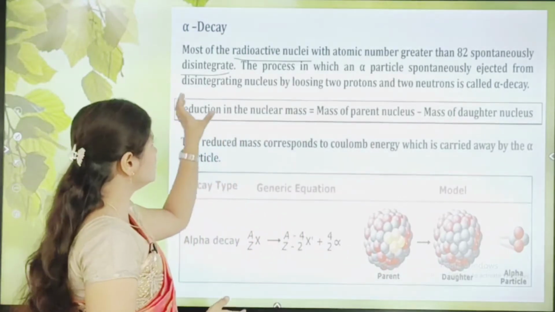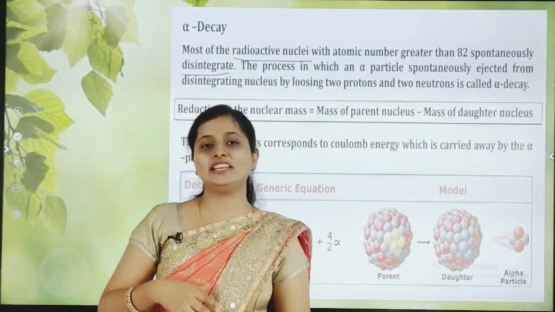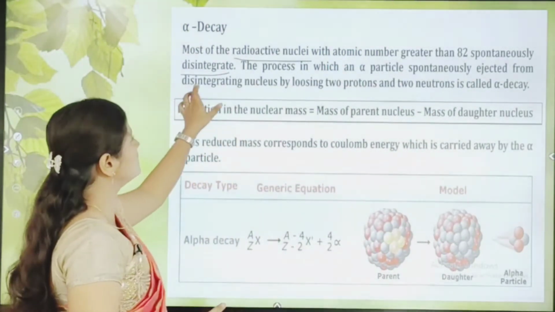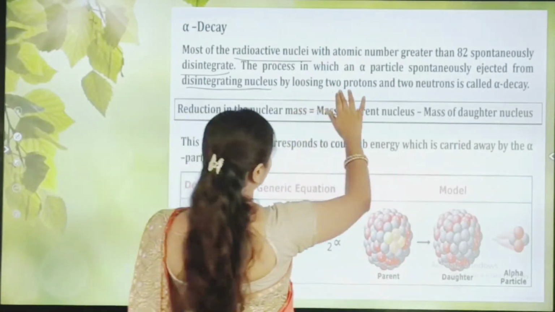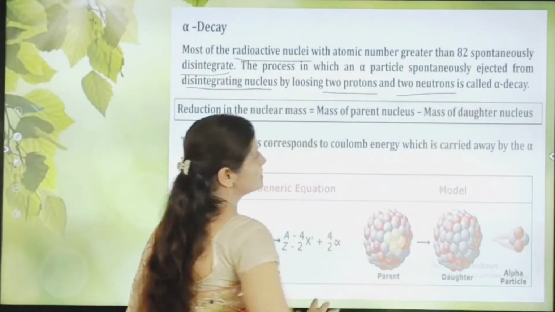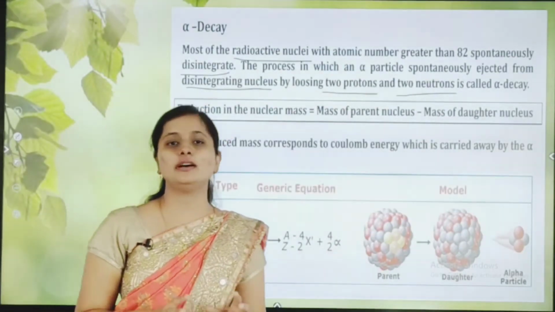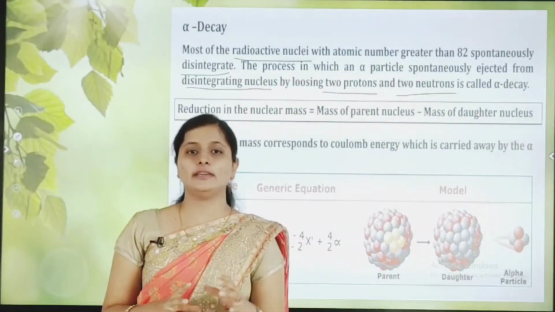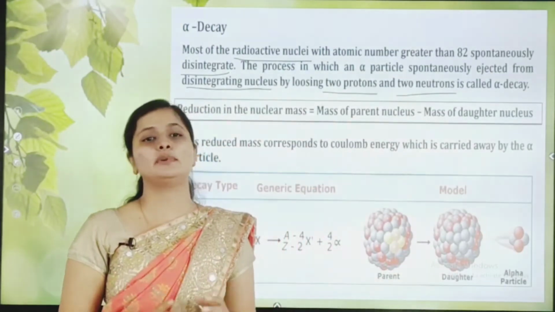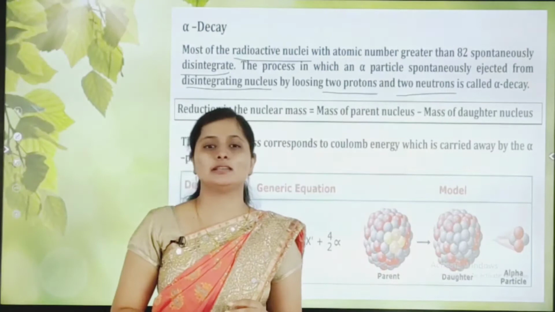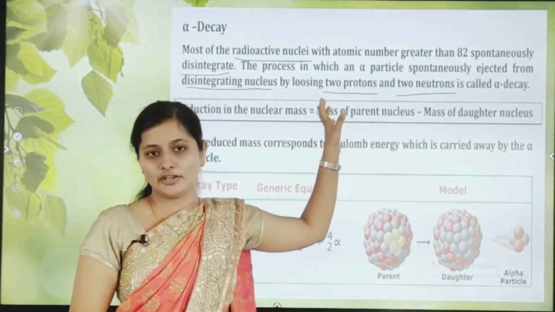Here the process in which an alpha particle is spontaneously ejected from the disintegrating nucleus by losing 2 protons and 2 neutrons is called alpha decay. So, here they gave the definition of alpha decay. First we should know what a radioactive element is. In the periodic table, an element which has atomic number more than 82 we call a radioactive element.